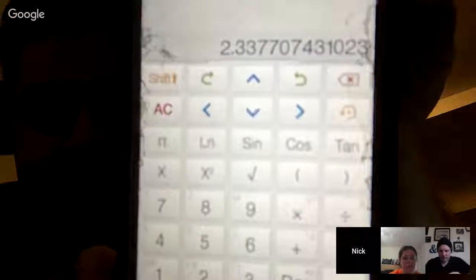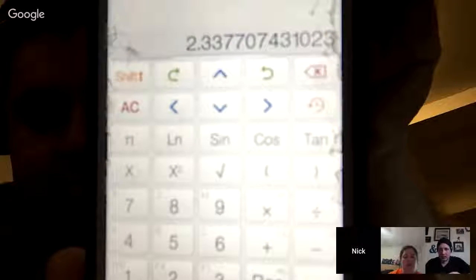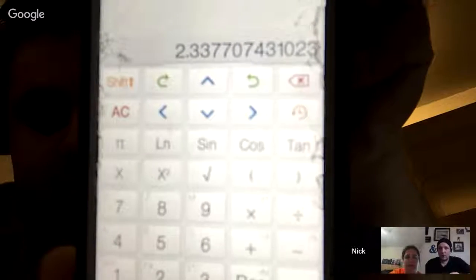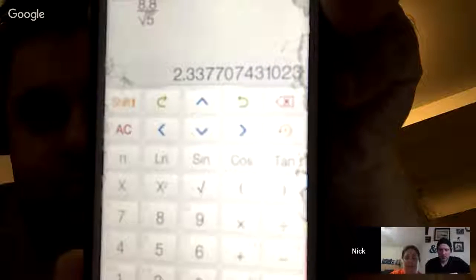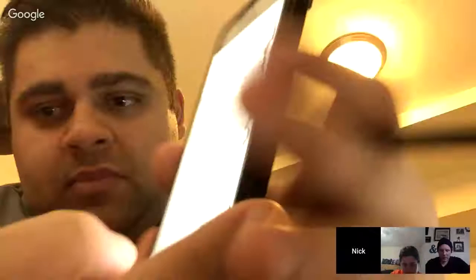So let's see. This app right here, you can see that. Yeah, I can see that. That's just what it looks like. Calculator something. And it ends up looking like this. Is it that one right there, the one my finger's on? Is that the square root button? I have no idea. I don't know either.